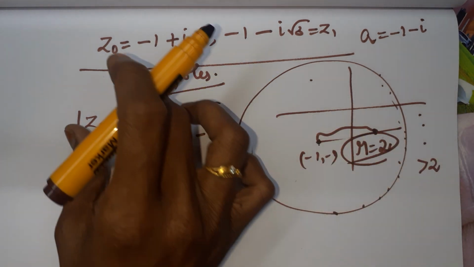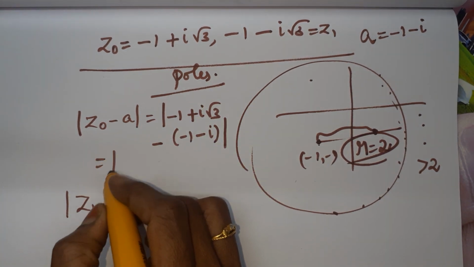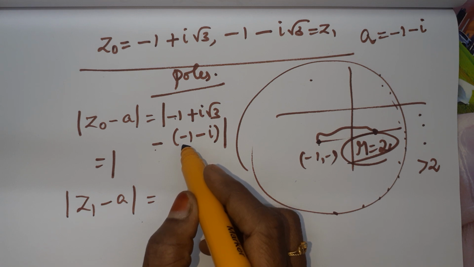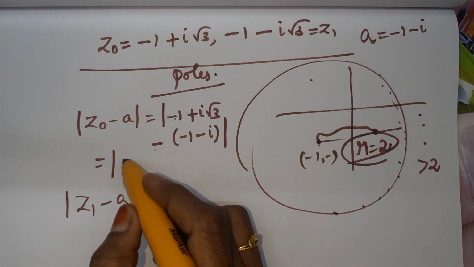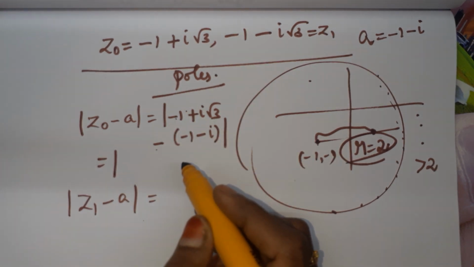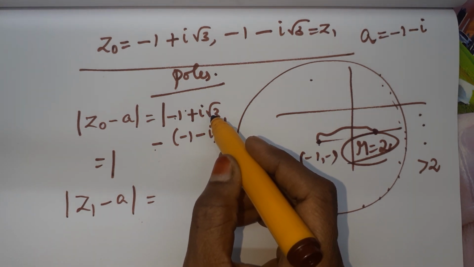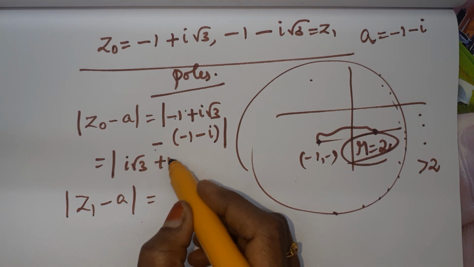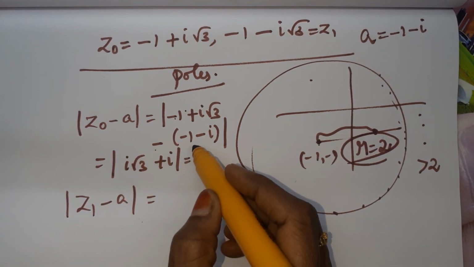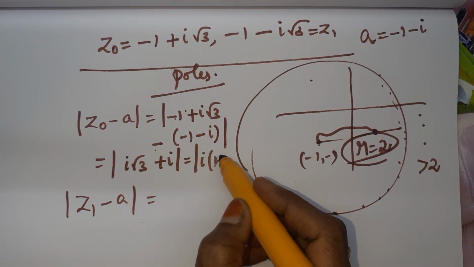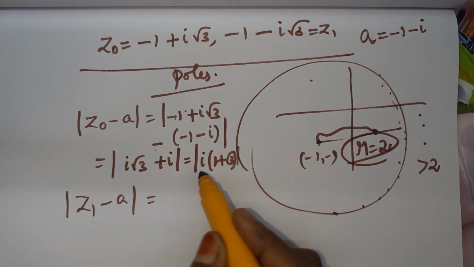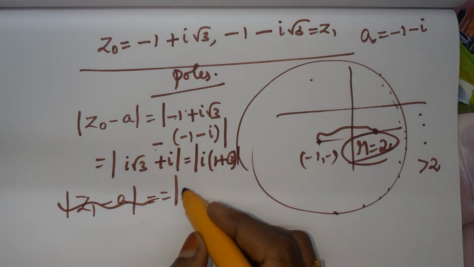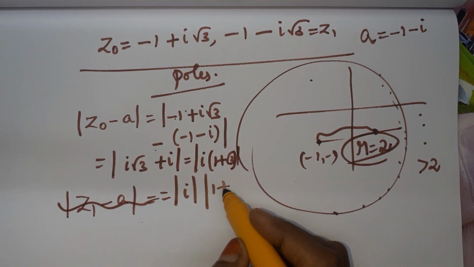So modulus of minus 1 minus of minus 1 is cancelled, and in the i part it is i root 3 minus of minus i. Both have i common, so I can take it out: 1 plus root 3. So later I will write modulus of i into modulus of 1 plus root 3.